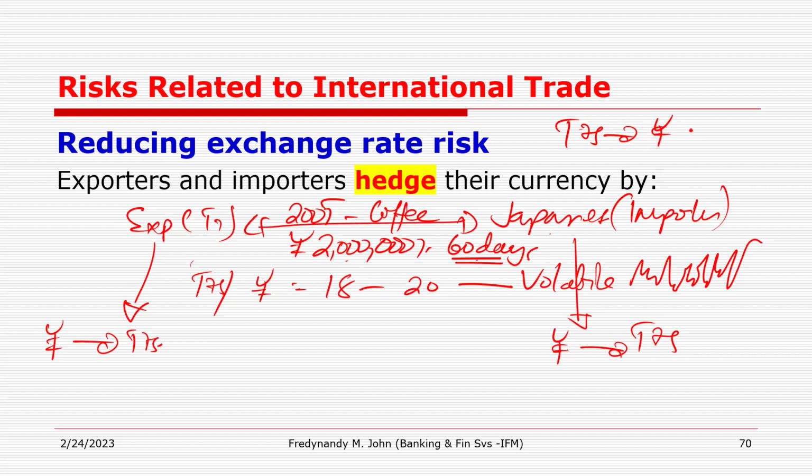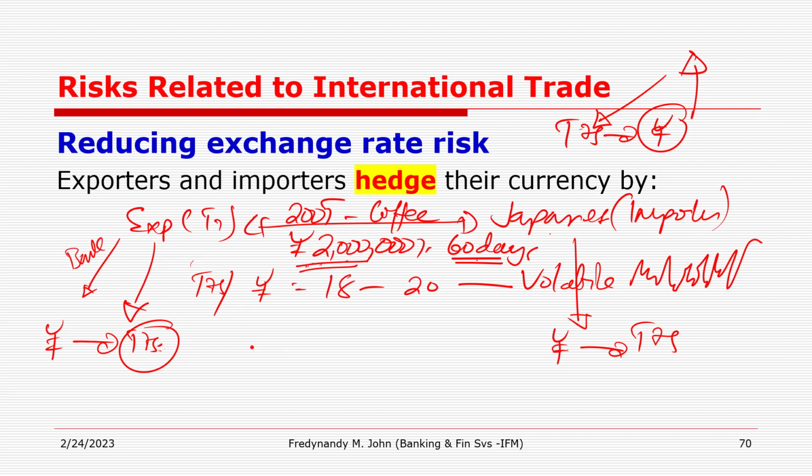So if the exchange rate is not in his favor, he is going to use a lot of Japanese yen to acquire the Tanzanian shillings that he can pay. What about the Tanzanian exporter? He expects to receive the Japanese yen, and once he receives it, he will sell the Japanese yen to, let's say, a bank, so that he can be given the Tanzanian shillings.